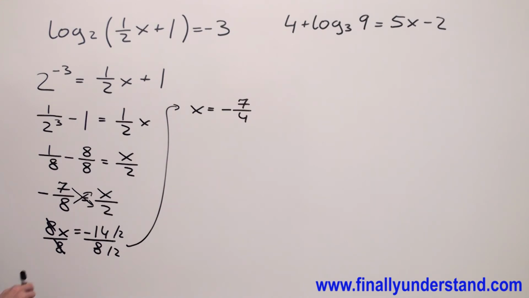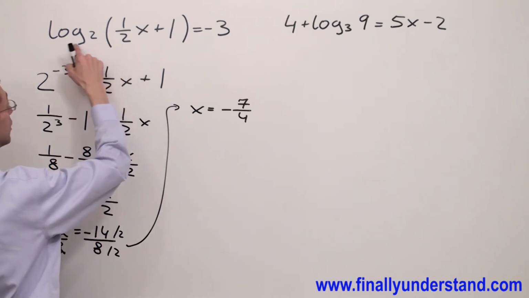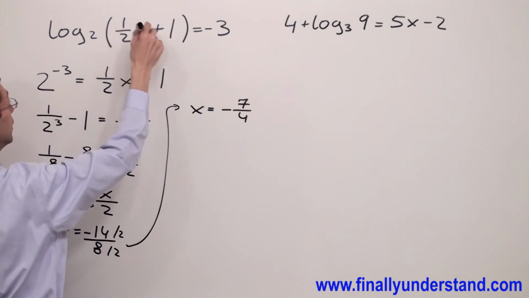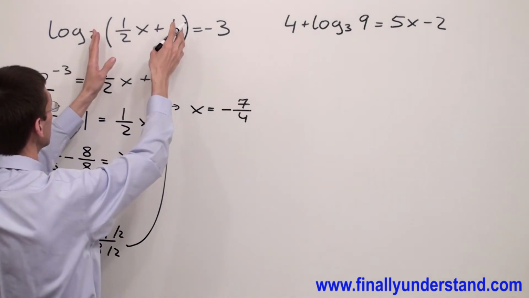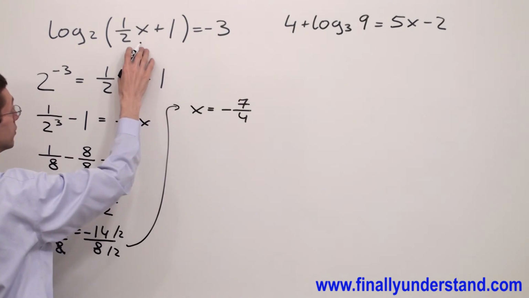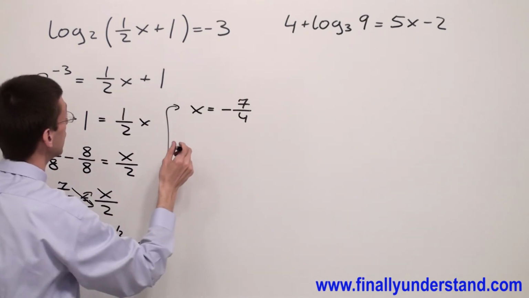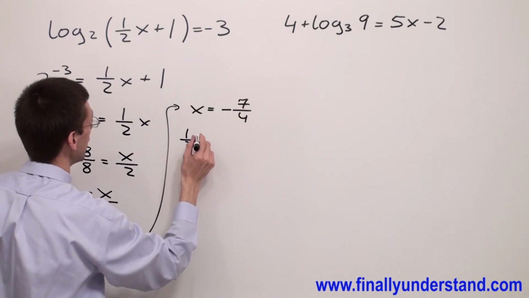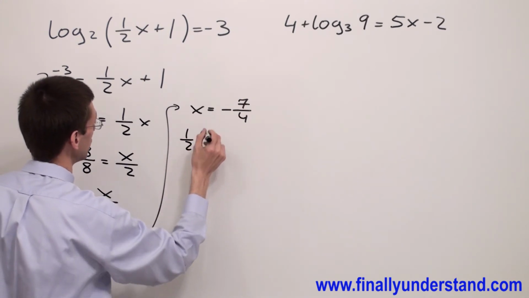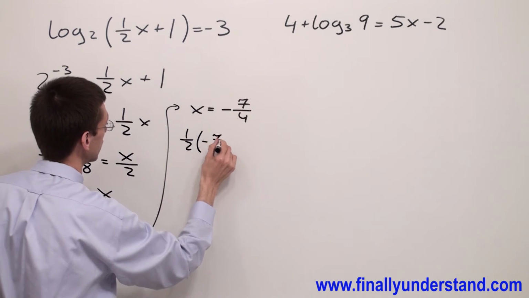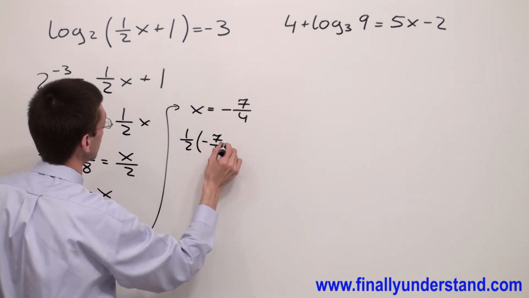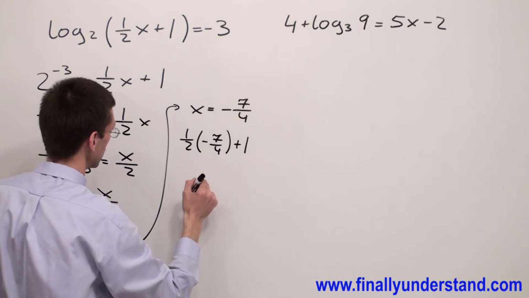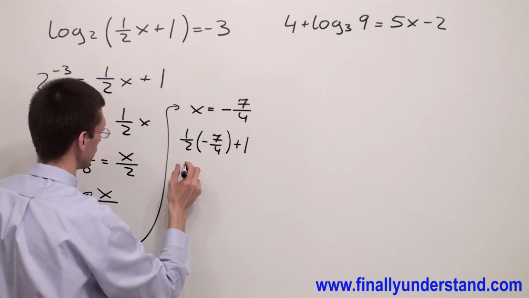Let's check how it is going to work with our problem. We have to make sure that the domain, I mean the value inside of the parentheses, has to be positive. Let's check if this is going to be positive. I have 1/2 times x, which is in my case minus 7 over 4, plus 1 must be greater than 0.